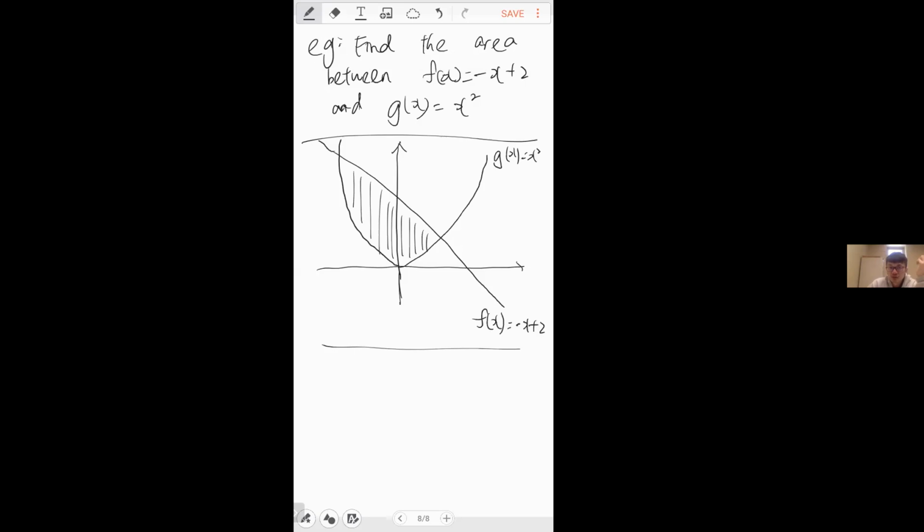Okay, so we know from the graph that f of x is always on top of g of x. So you would set up your integral like f of x minus g of x, right? But what is the lower limit and upper limit? How do I find them out?